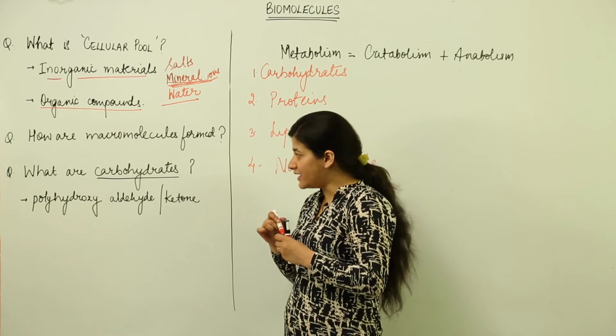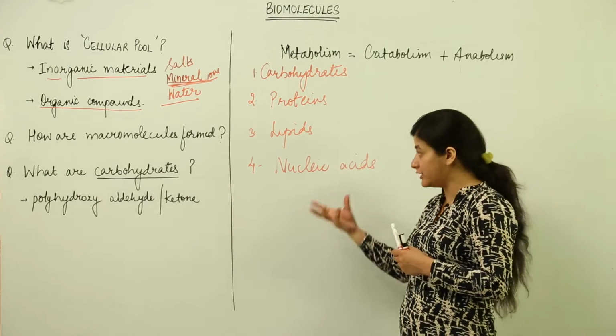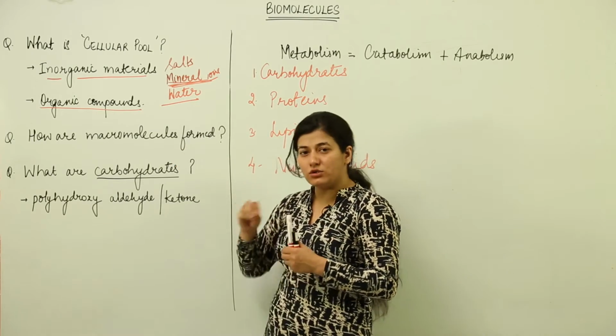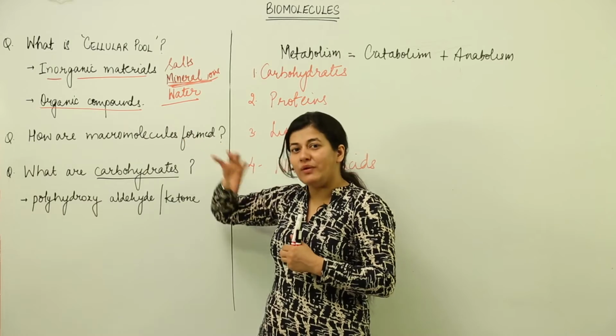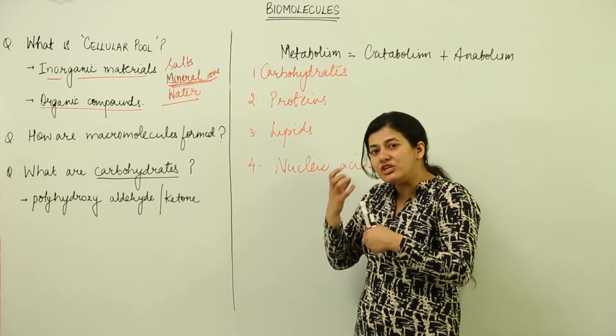Now the question is how the macromolecules are formed and what macromolecules are. First, what are macromolecules? Macromolecules are those molecules which are formed of the organic substances when they form polymers. They are large size molecules which undergo some change in their shape.